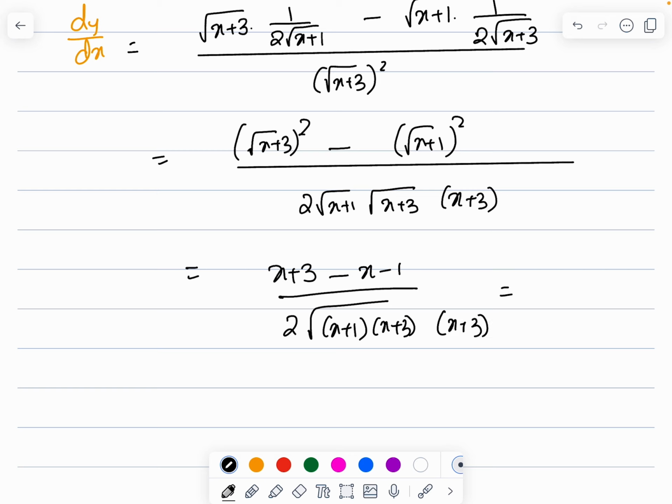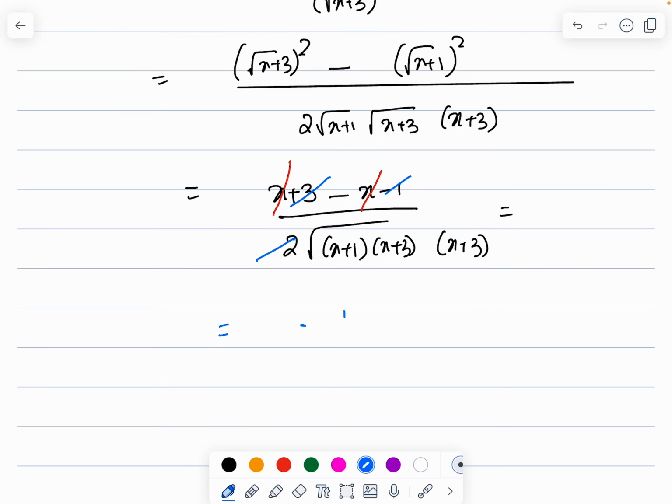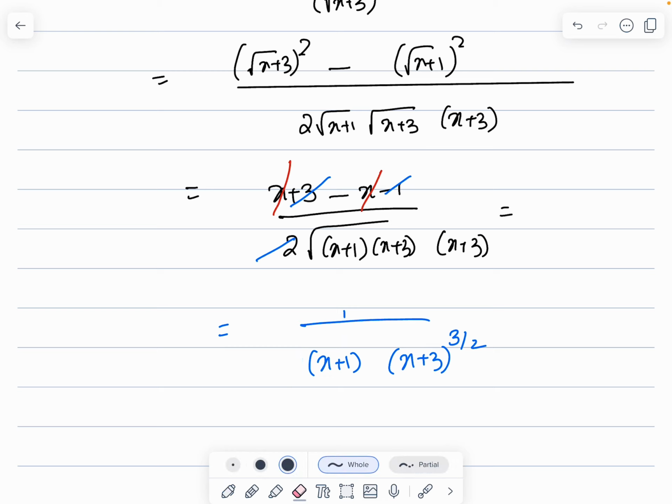So x and x cancel, and 3 minus 1 is 2. 2 and 2 also cancel. So I'm left with 1 upon (x plus 1) to the power 1/2, whereas (x plus 3) has 1 plus 1 upon 2, which is 3 upon 2. This is going to be the answer. For square root (x plus 1) we can also write power 1 upon 2. So this should be the answer for 3F.